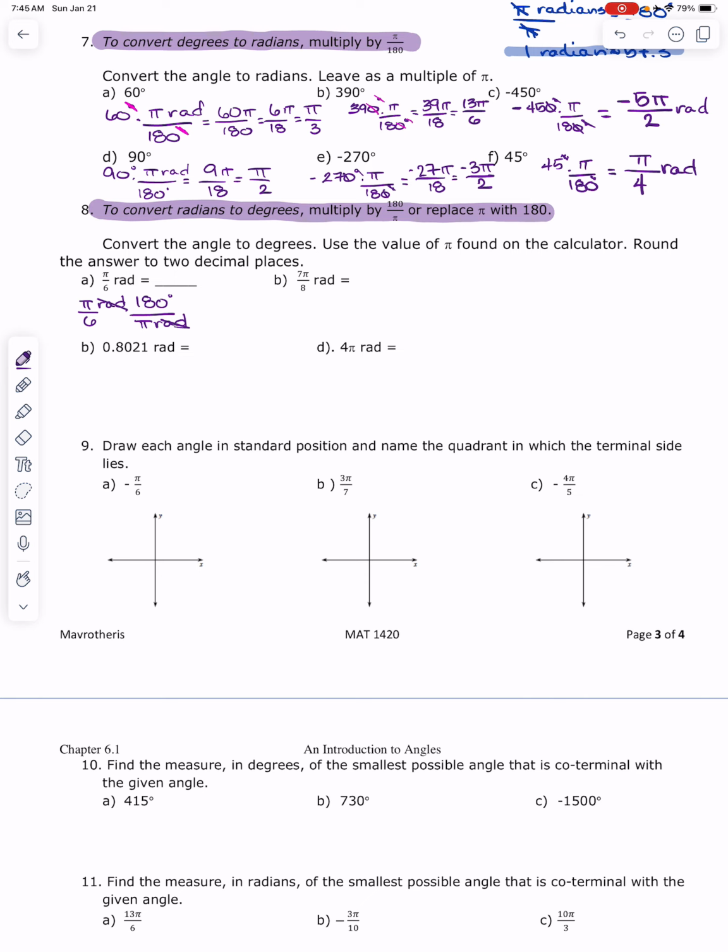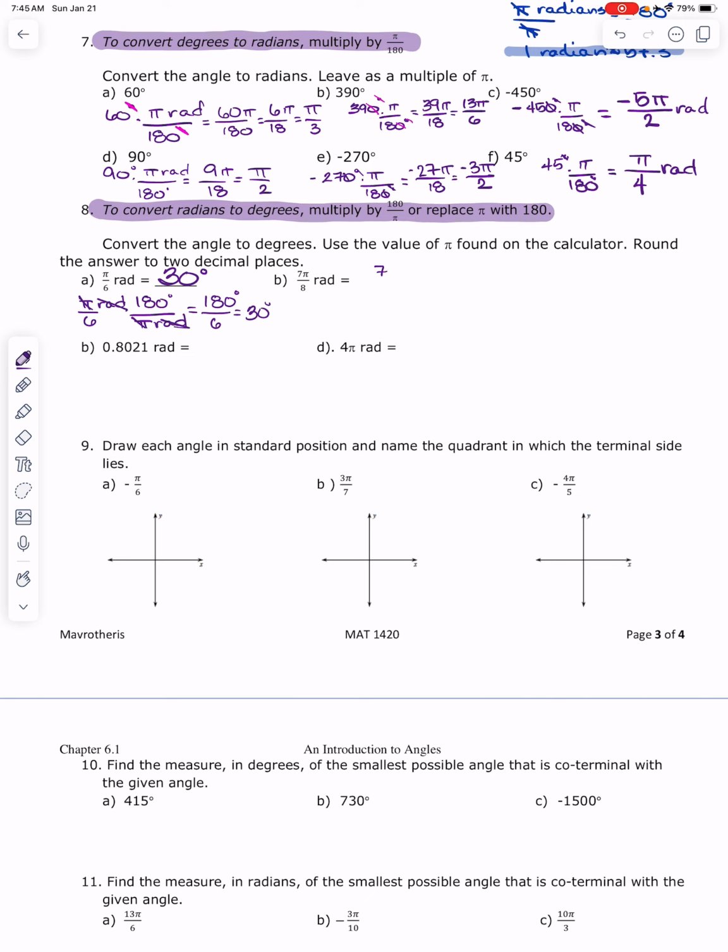You notice here, because my initial angle was written with radians, I've got a pi in the numerator, which also cancels with that pi in the denominator, which is why replacing the pi with 180 makes sense. 180 divided by 6 is 30. So pi over 6 radians is 30 degrees.